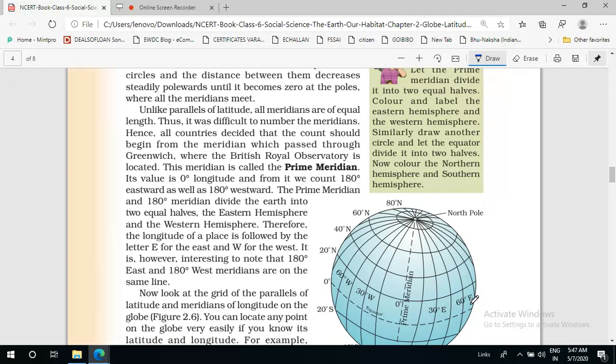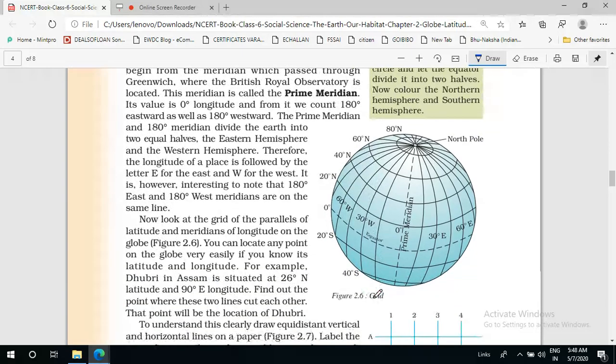In this way we will understand that if E is written, then the meridian is on the east of the prime meridian, and you can see on the western side it is written W. So when W is written, it will be understood that it is on the western side of the prime meridian.